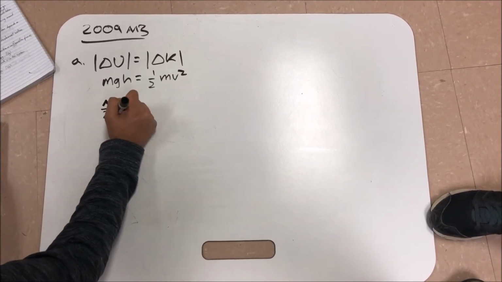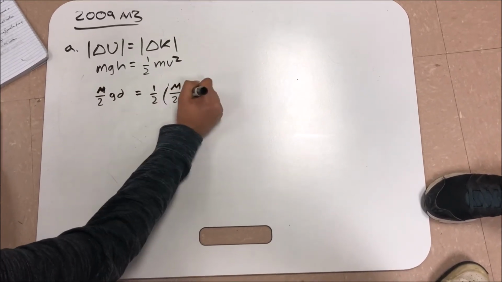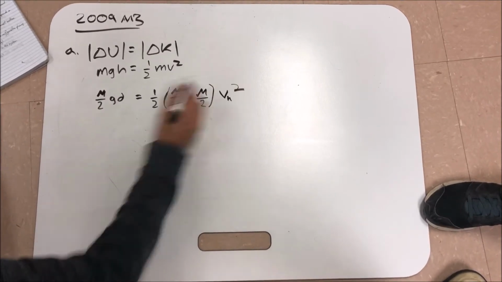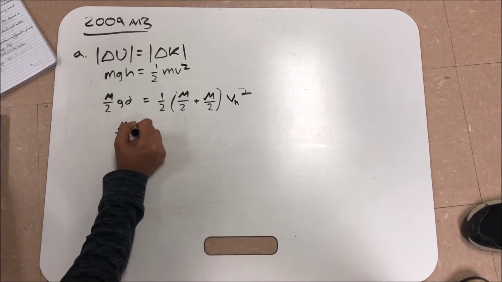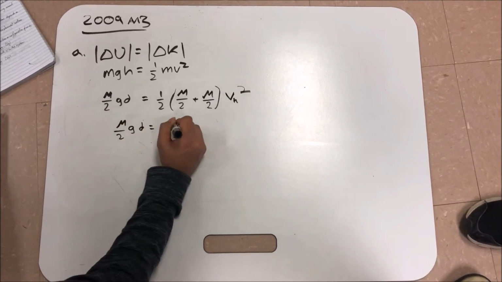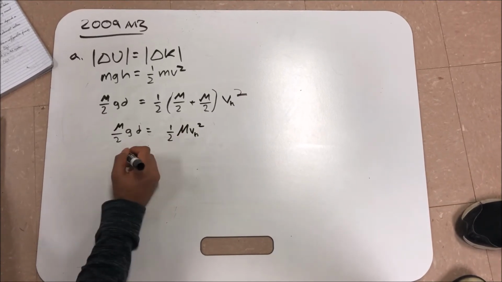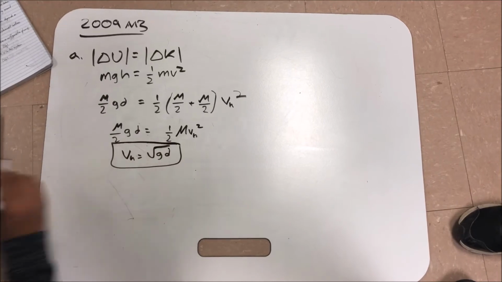Now we substitute the values we know: m/2 for the mass and d for h on the potential energy side, and for the kinetic energy side the sum of the masses, m/2 plus m/2, which is just m. Once we substitute these values, we can simplify for velocity, which is the square root of g times d.